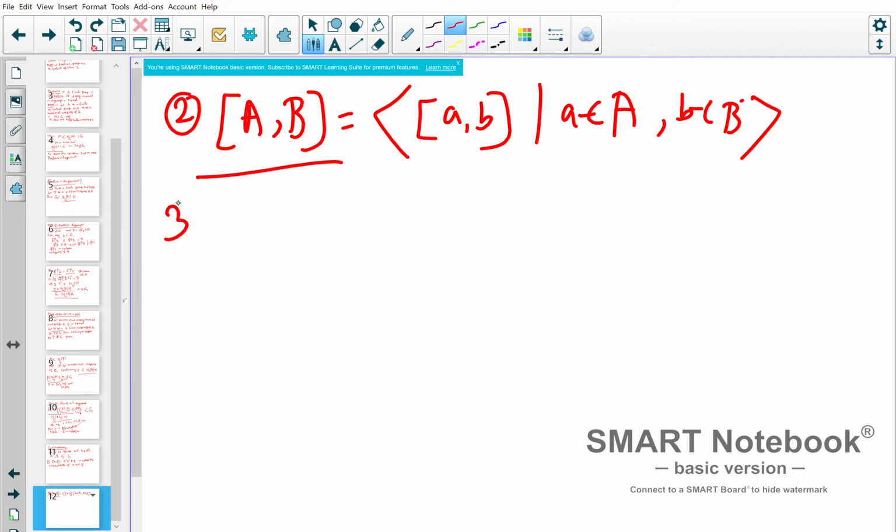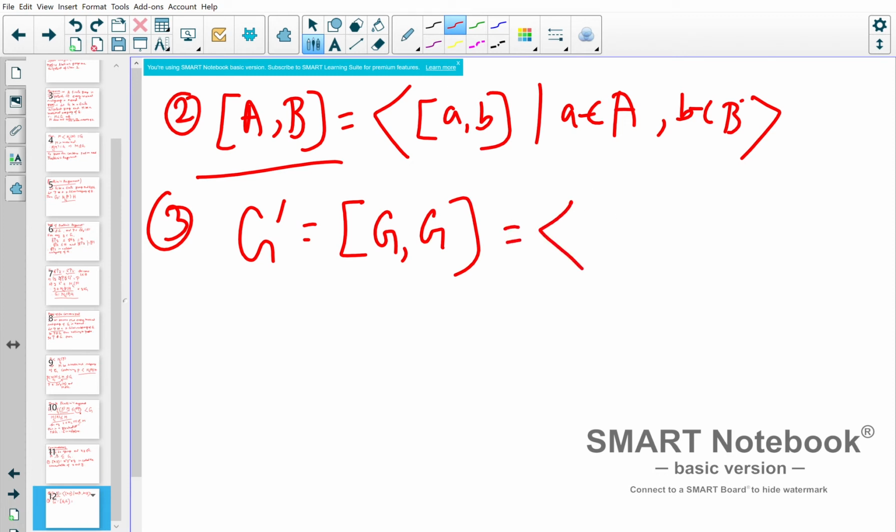And number 3 is very important. We define G dash as the commutator [G, G]. What does that mean? That means this is the subgroup generated by all the commutators [x, y] such that x, y belong to G.